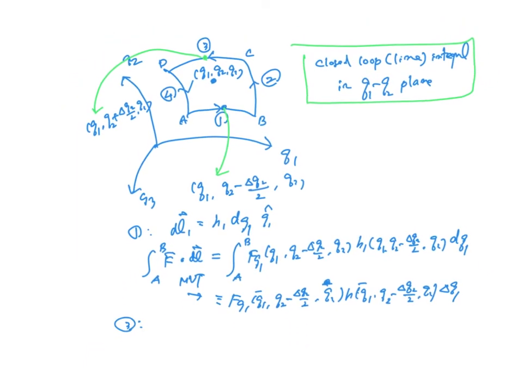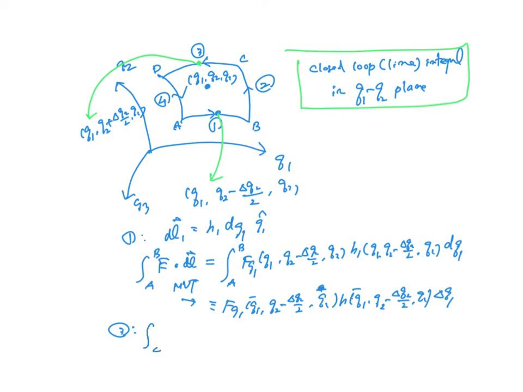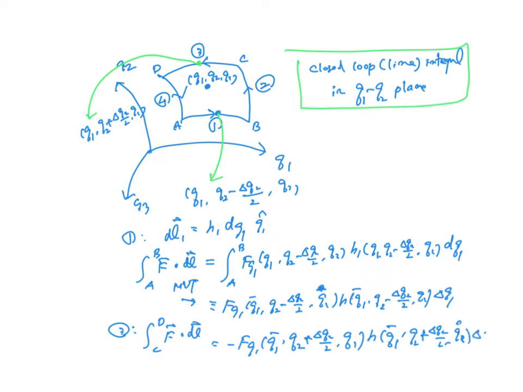So C to D is actually minus of F Q1 at Q1 bar, Q2 plus delta Q2 over 2, Q3, times H1 at Q1 bar, Q2 plus delta Q2 over 2, Q3, delta Q1.